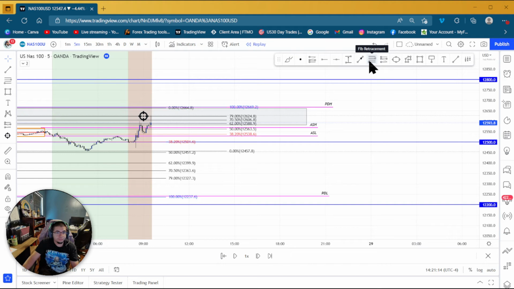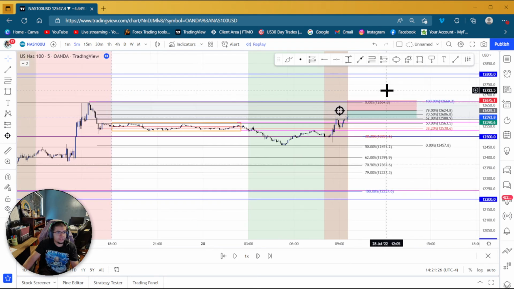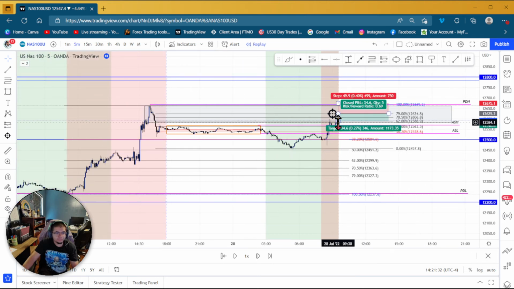So we're getting in right there, 50 pip stop loss. That's above this order block right there, essentially. And we can have some targets. We target the Asian session low.